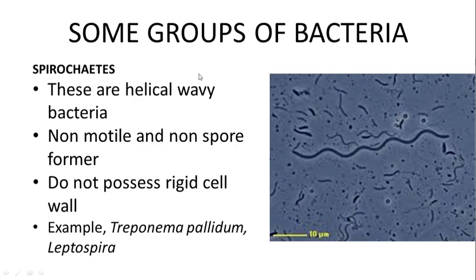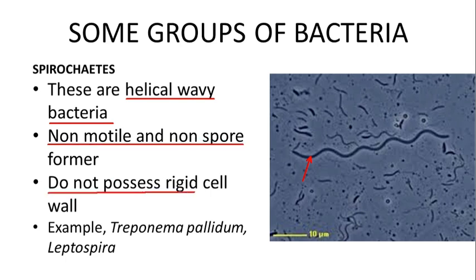Second, in the group of bacteria we have spirochetes. Spirochetes are those which are spiral in shape. As you can see in this diagram, this bacteria is spiral shaped. It's wavy and spiral. So these are actually helical, wavy bacteria. They are non-motile, they cannot move, and neither do they produce spores.